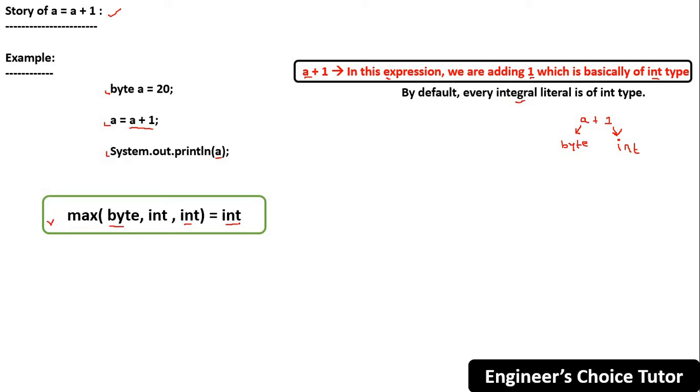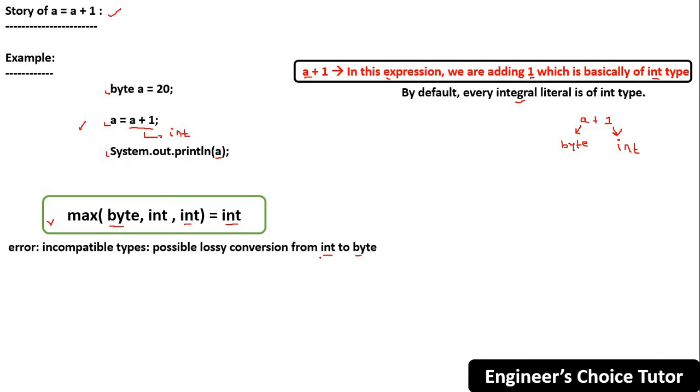So it will return you int type of value. And you are trying to assign or store this int type of data into byte type of variable a. Because of this reason, you will get compile time error saying possible lossy conversion from int to byte.